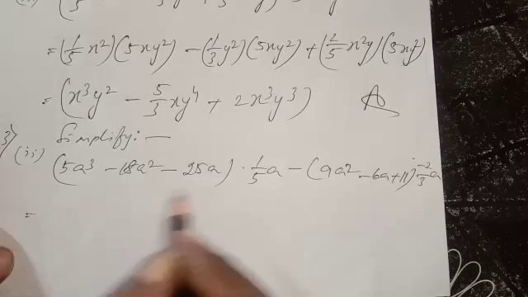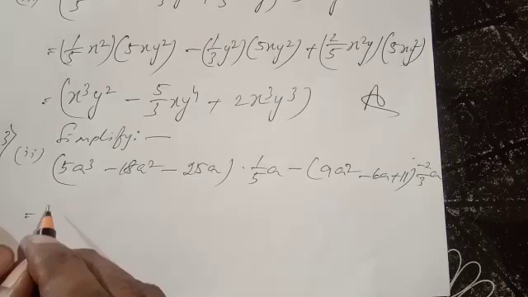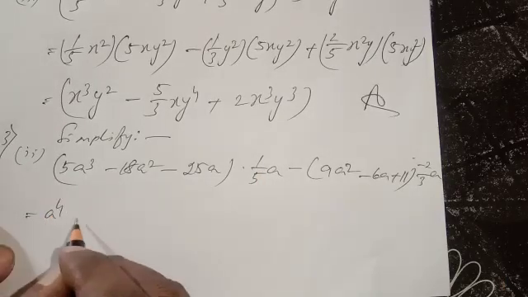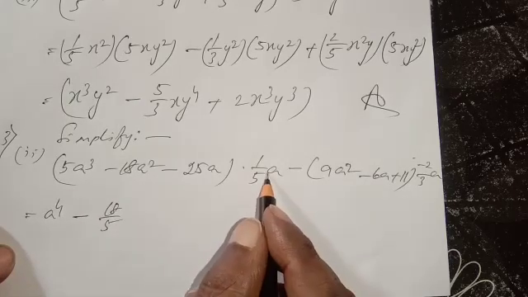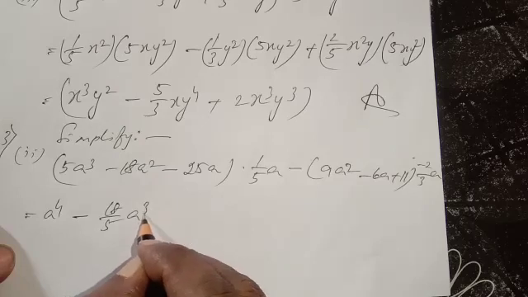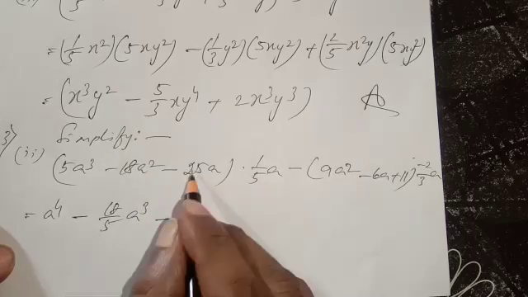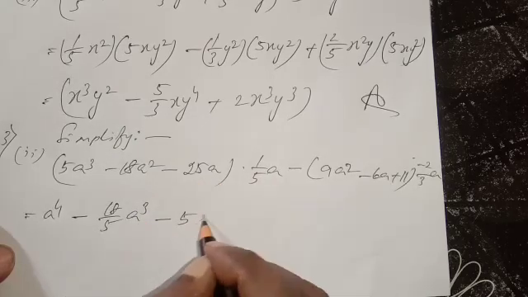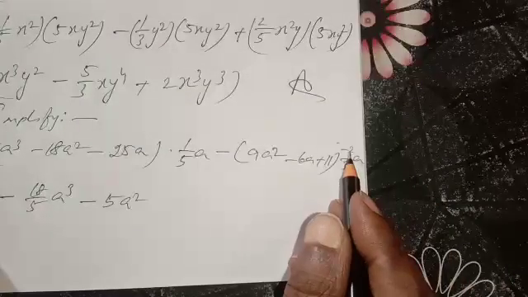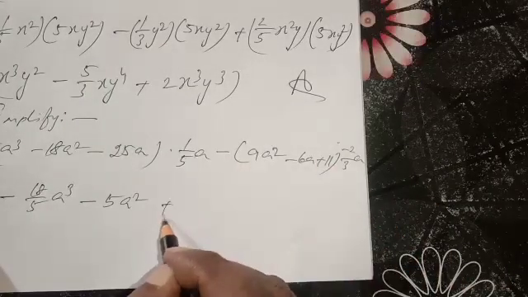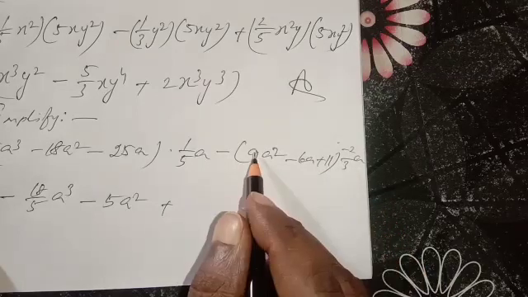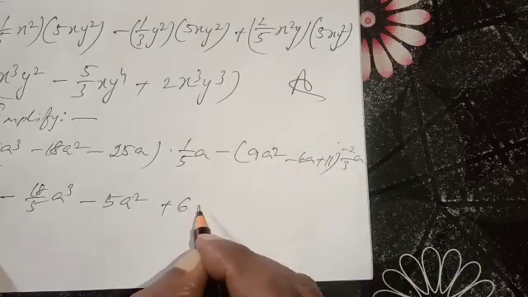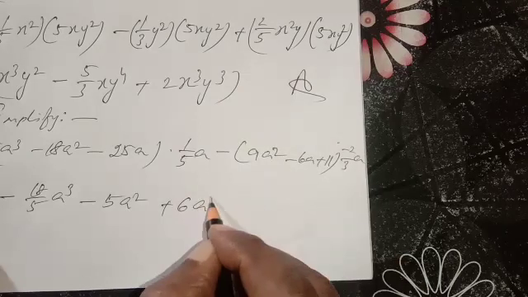Just to see, if you multiply a by 5 into 5a cube, 5 cancel, a to the power 4. Minus 18 by 5 a into a square, that will be a cube. Minus, if you multiply 25 by 5, that is 5 a into a, that is a square. Here minus, minus is plus, 2 by 3 into 9, that is 6 a square a, that will be a cube.